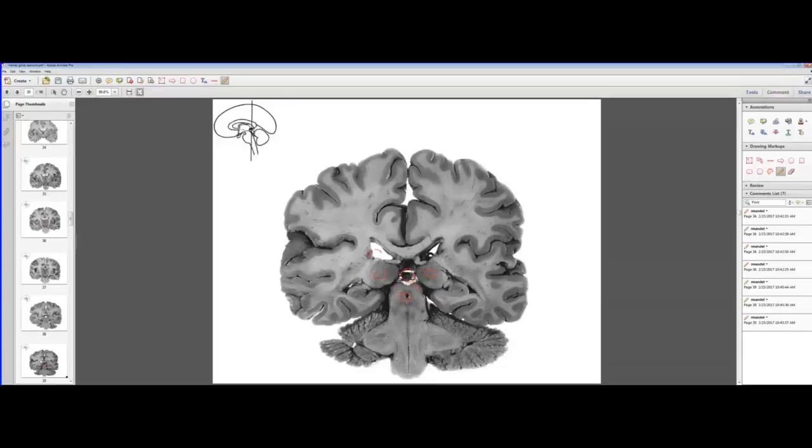Now down here, there are some things worth seeing. This is the middle cerebellar peduncle, and these are probably some of the fibers of the superior, but I wouldn't say a lot about that. Here's our lateral ventricle, so medial to that is our squiggly hippocampus.